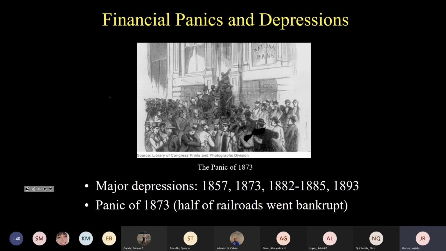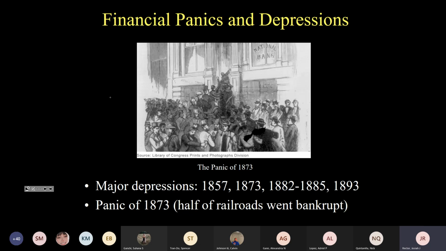This then triggered a larger financial panic where investors started making runs on New York banks. Prior to the Great Depression, there was no system of federal deposit insurance in the United States. So if you had a deposit in a bank and the bank failed, you could actually lose your money. And so when panics happened and banks failed, people often started taking their money out of banks, which in turn triggered further bank failures.